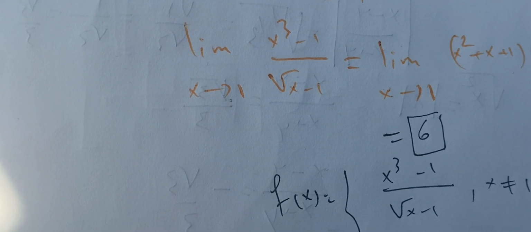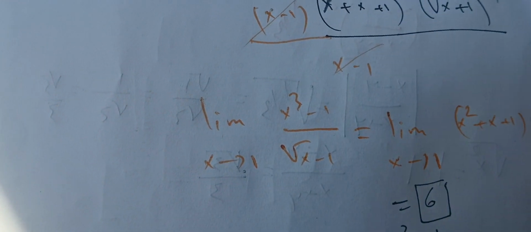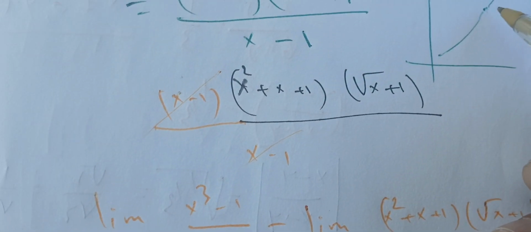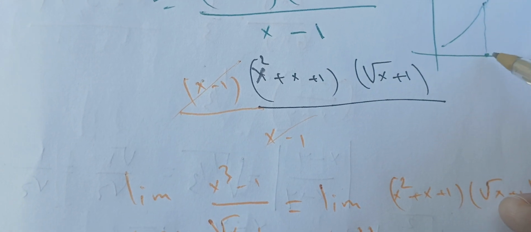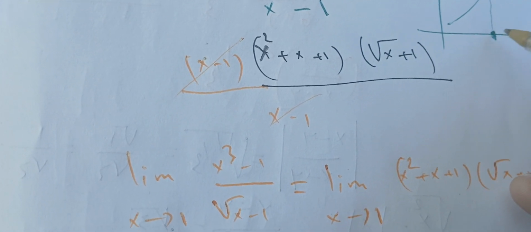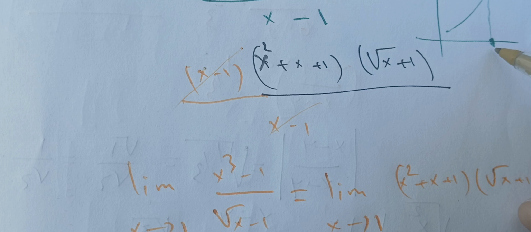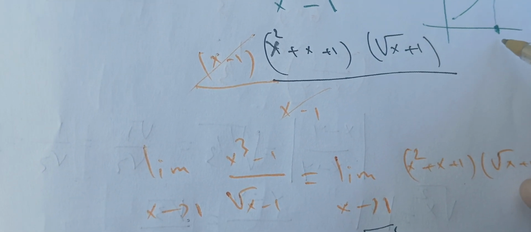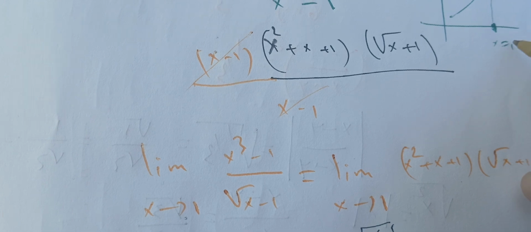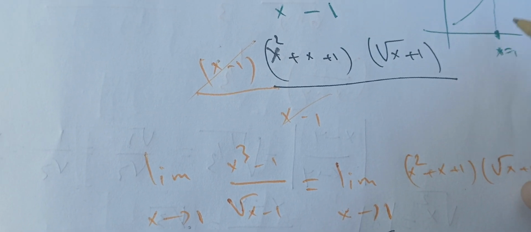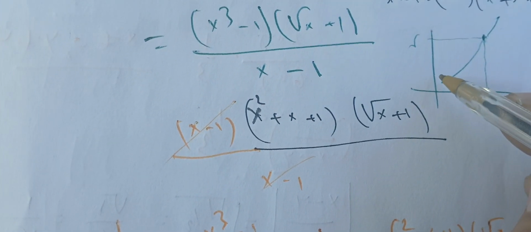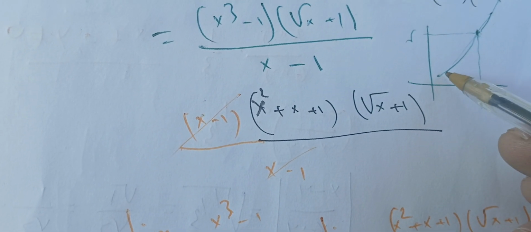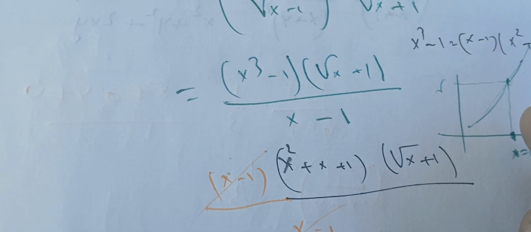So we can find a value for the point where the function is not defined, like in our case here, x is 1. If we give the function the value 6 there, we remove this discontinuity.